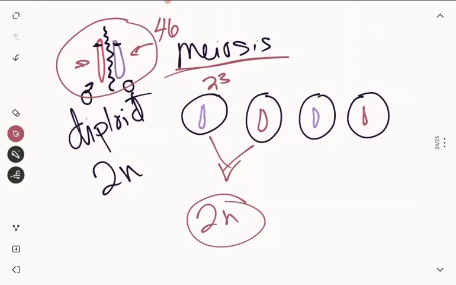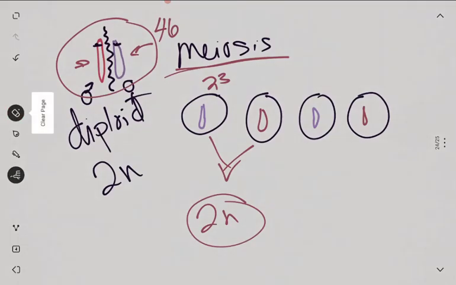The other type of cell division is mitosis. So in mitosis, again, we have our 2 chromosomes, a diploid cell, or haploid cells can do this. So if we have only one chromosome, haploid or diploid cells can go through mitosis.